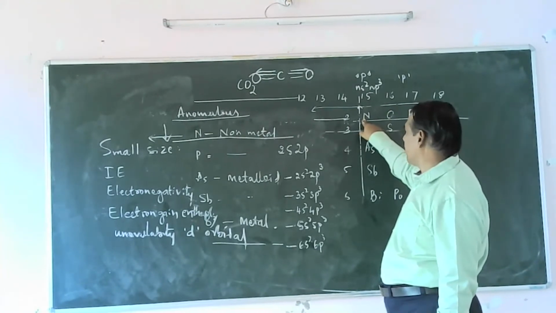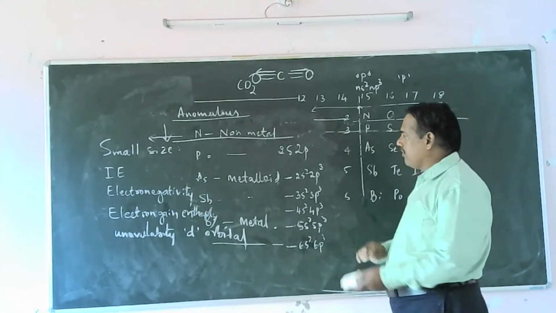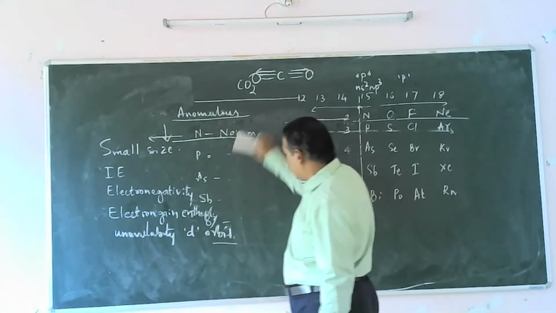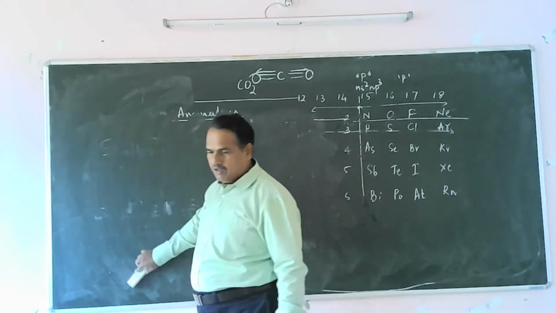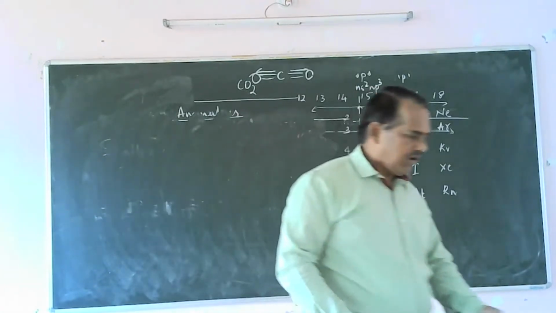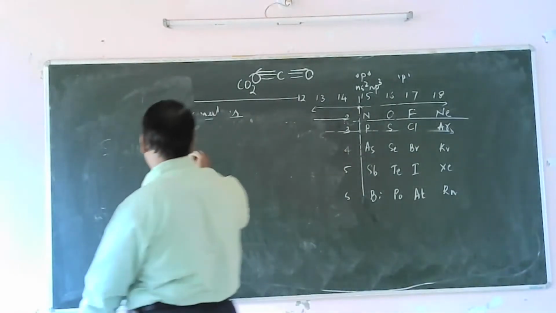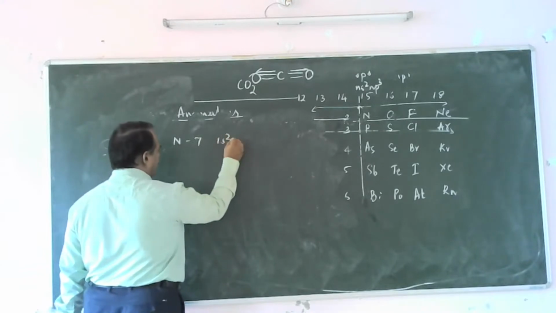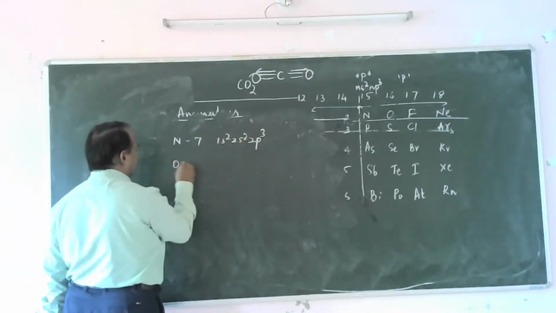Yesterday we discussed the electronic configuration of nitrogen and oxygen. Nitrogen, which is 7, is 1s2, 2s2, 2p3.